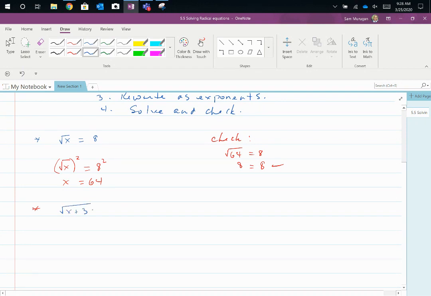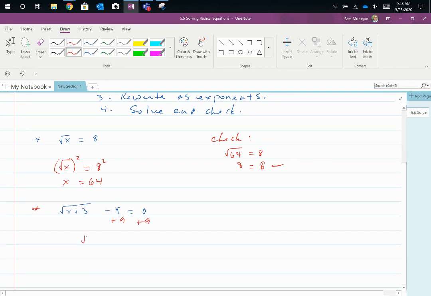The square root of x plus 3 minus 9 is equal to 0. So add 9 to both sides. Let's use a different color for this to solve it. Add 9, add 9.